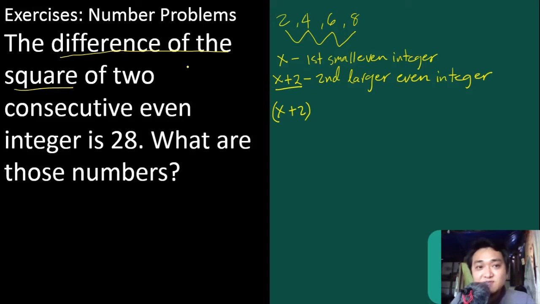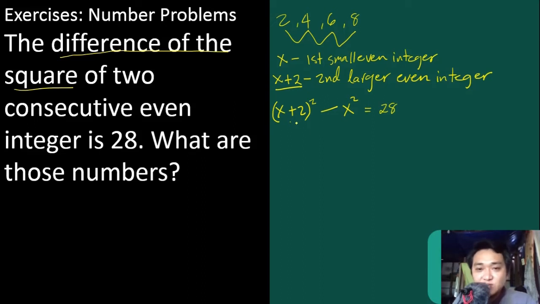The difference of the square. So, we are going to express that as the difference of the square of two consecutive even integers is 28.